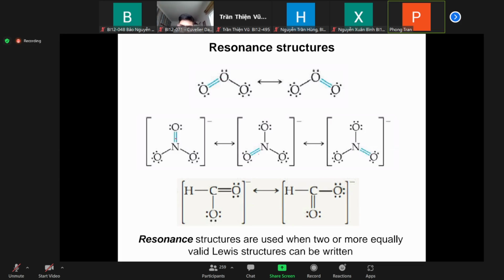The chemical bonding theories we are learning are our current understanding to explain the experiments that we observe when we do experiments with chemical compounds.